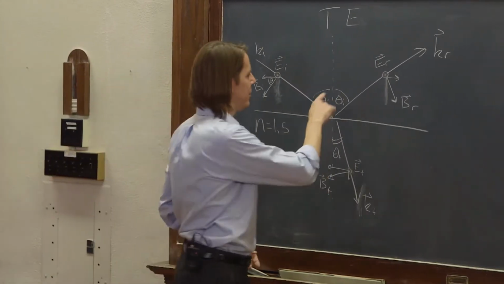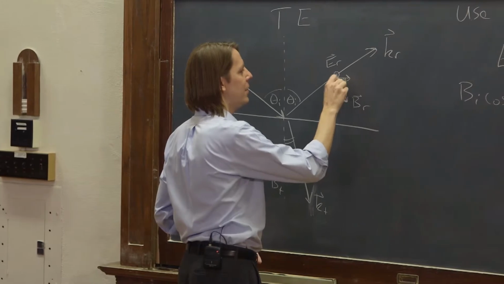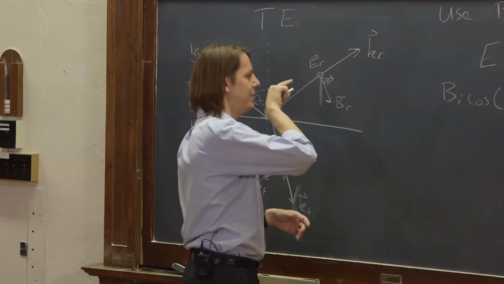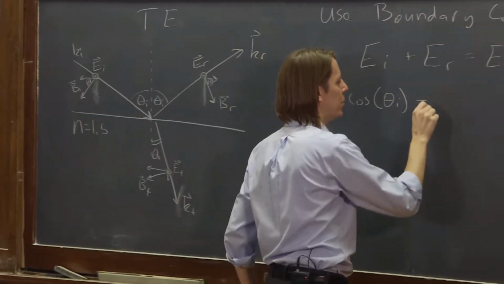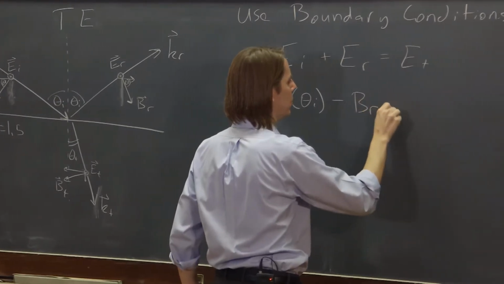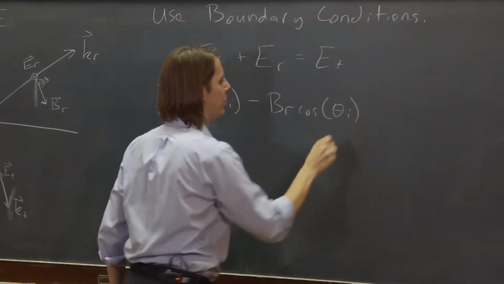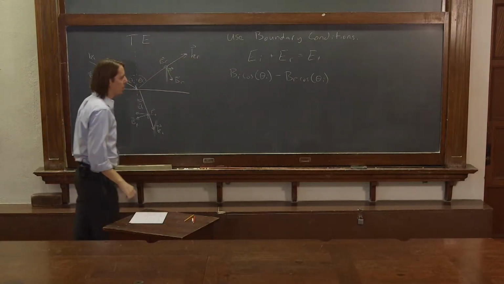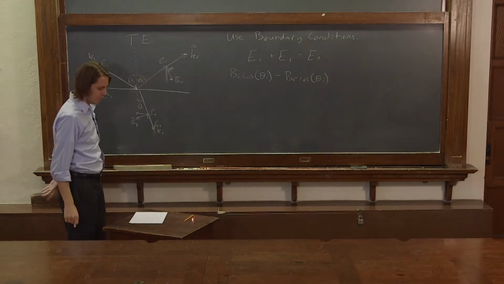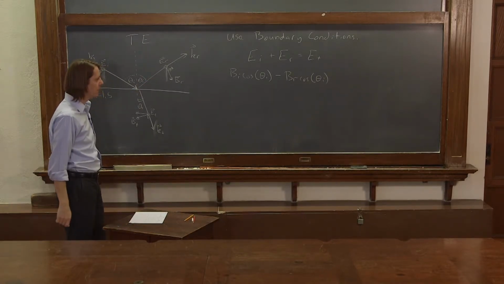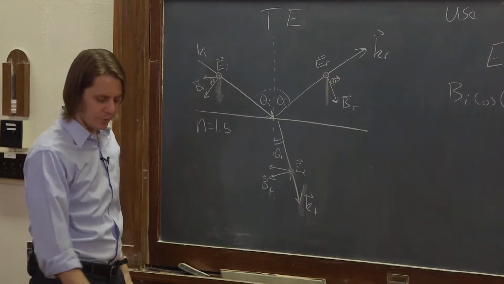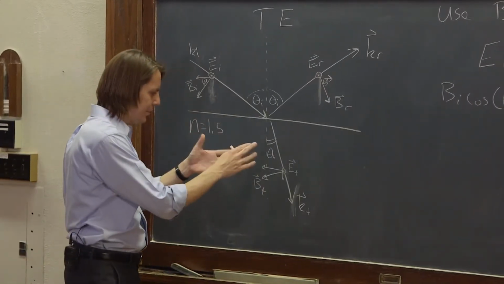This one, theta I here, ends up being theta I there. The cosine, it's that way, but we're going to call it negative because it points the other way. Minus BR cosine theta I. And those two have to be equal to this one.